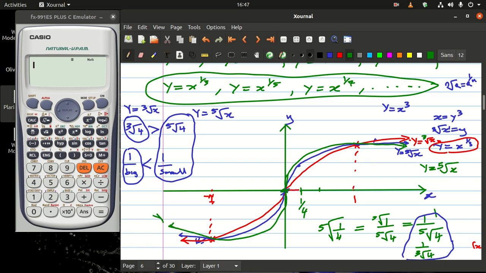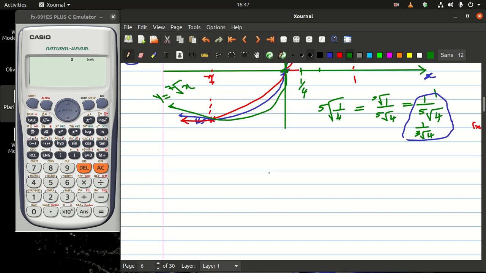So this is y is equal to the seventh root of x. So this is how these functions look. Again, the domain for these things is simply x is an element of real numbers, and the range is simply y is an element of real numbers, because they can take on any output of these things.